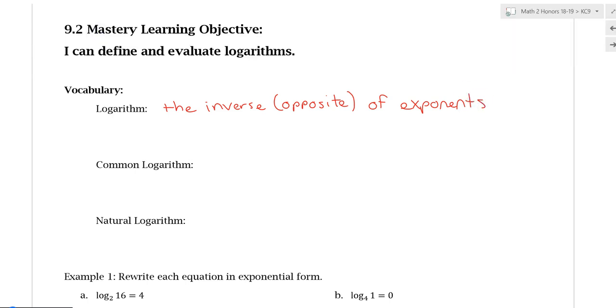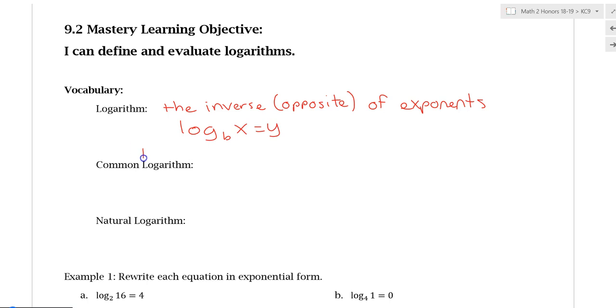Okay. And now how we write a logarithm is we have log, which is, I would say, normal size. And then we say base b, that's a subscript, of x, normal size, equals y. Okay?